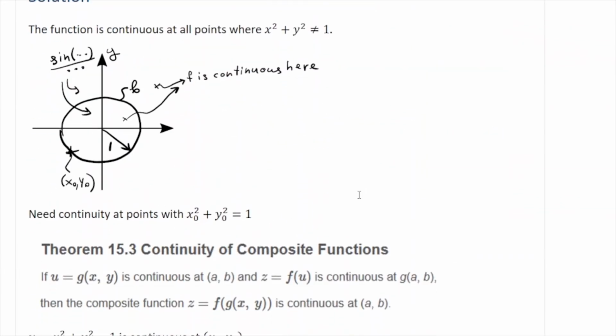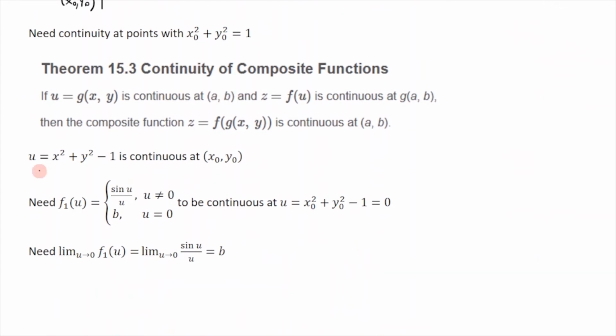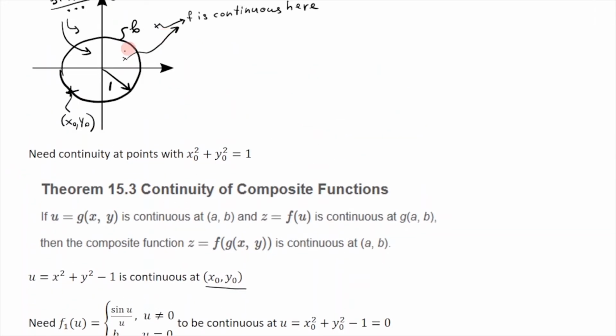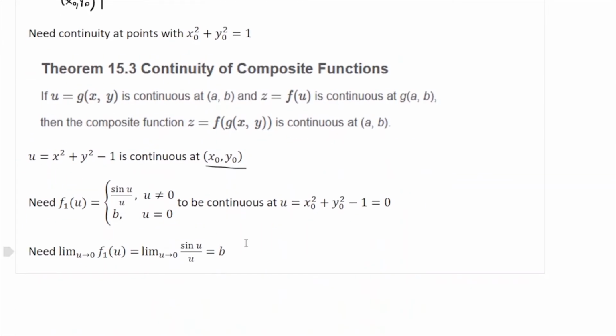So let's see here. This u function is x squared plus y squared minus 1. This is just a polynomial, so it's continuous at an arbitrary point on the unit circle and is just continuous wherever we look at the xy plane. The only thing in question is f1 of u. This guy, if we want it to be continuous at this value of u, I'm actually going to put u naught here to be consistent with these guys.